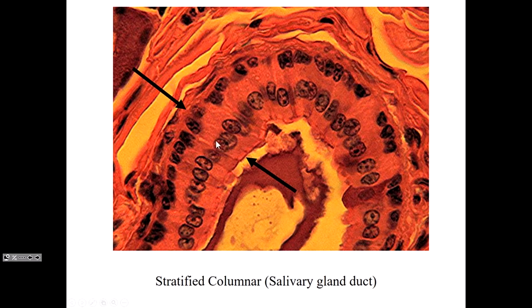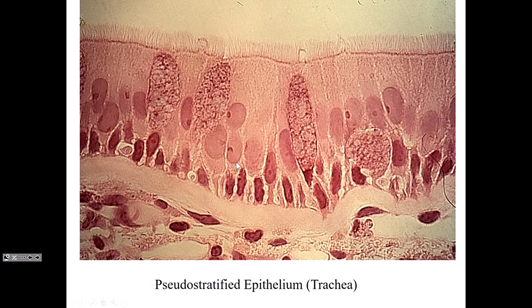So this would be stratified, one layer, two layers, that makes it stratified. Columnar, shown here. Stratified columnar is pretty rare, okay? You don't see that often. You see it in the male urethra, you see it here in the salivary gland, a couple of other locations, not too many.